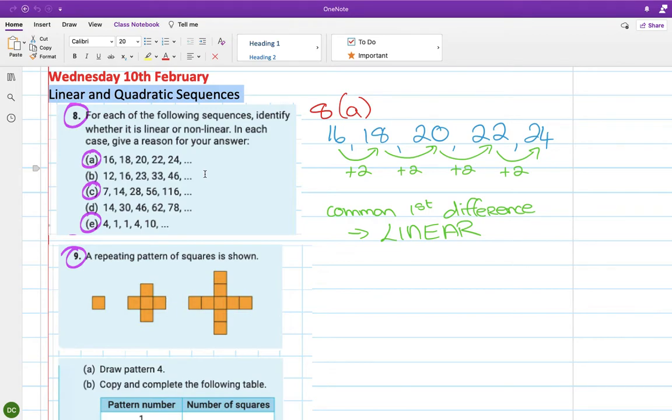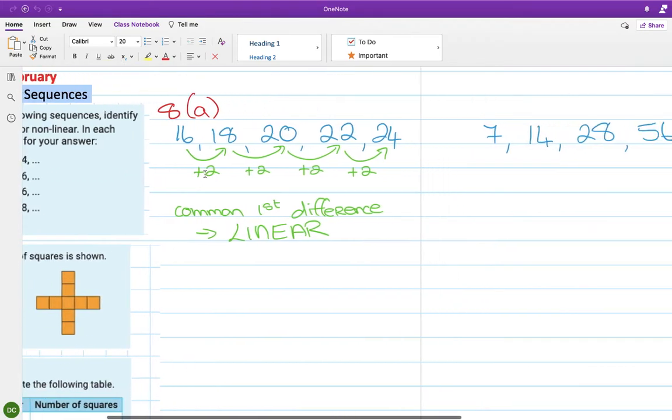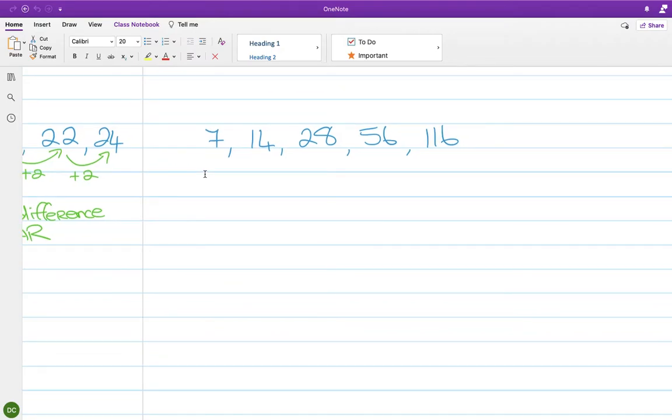Okay, the second one is 7, 14, 28, 56, and 116. So we're going to look at the first difference. 7 to 14 is plus 7. 14 to 28 is plus 14. 28 to 56 is plus 28.